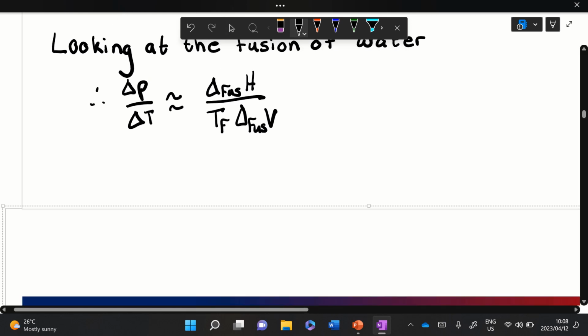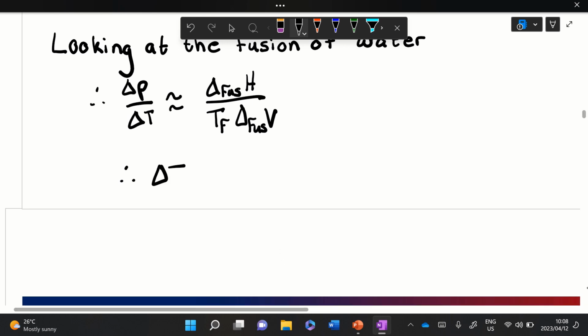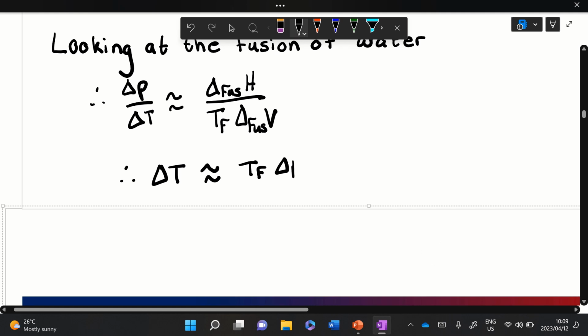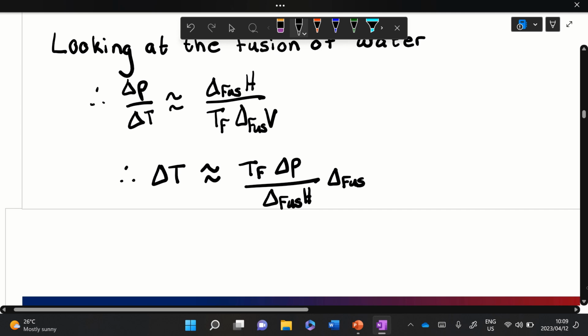So let's make delta T the subject of this equation. Then delta T will be approximately equal to T_F delta P, let me write that more formally as a delta P, and then fusion enthalpy times fusion molar volume.